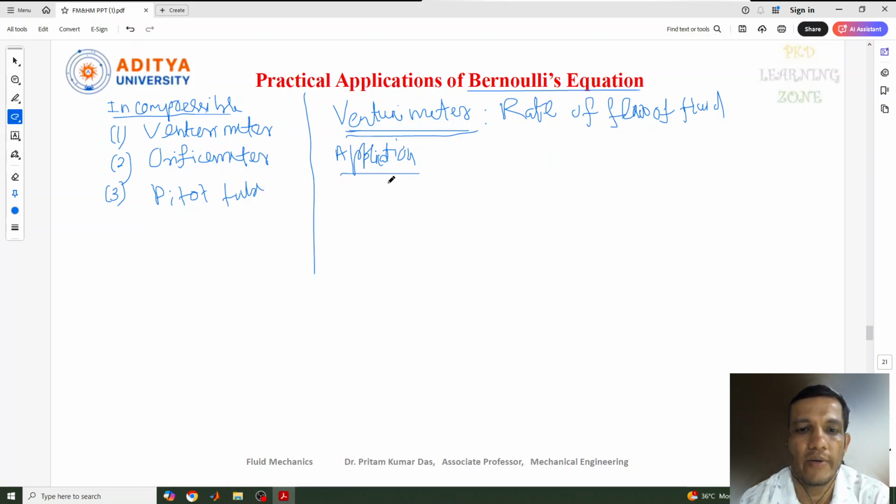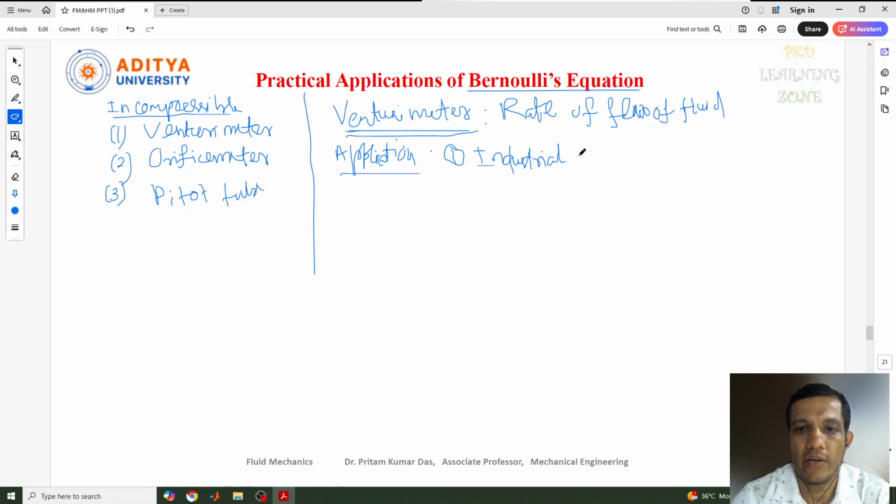A pipe may be there or may not be there, but wherever there is some flow of liquid or fluid, we can use this venturimeter.